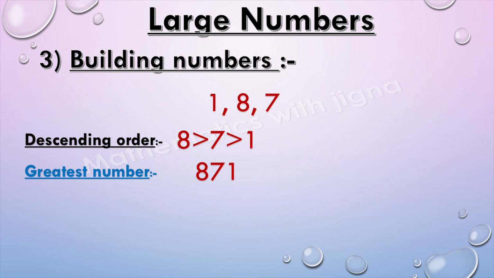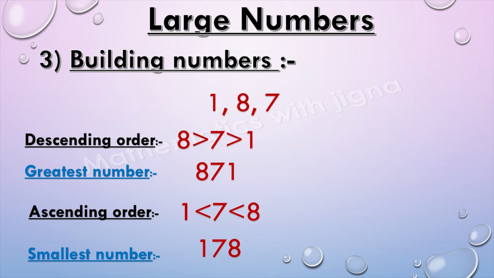And for the smallest 3-digit number, we have to arrange the given digits in ascending order. Look here, 1, 7, 8. It is also the reverse of the greatest number. So the smallest 3-digit number is 178.